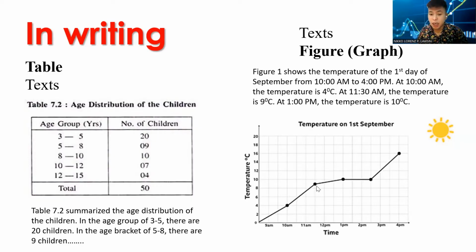At 11:30 a.m. here, the temperature is 9 degrees Celsius. At 1 p.m., the temperature is 10 degrees Celsius. So again, if you are presenting your data in the form of graph, the text comes first before the figure.